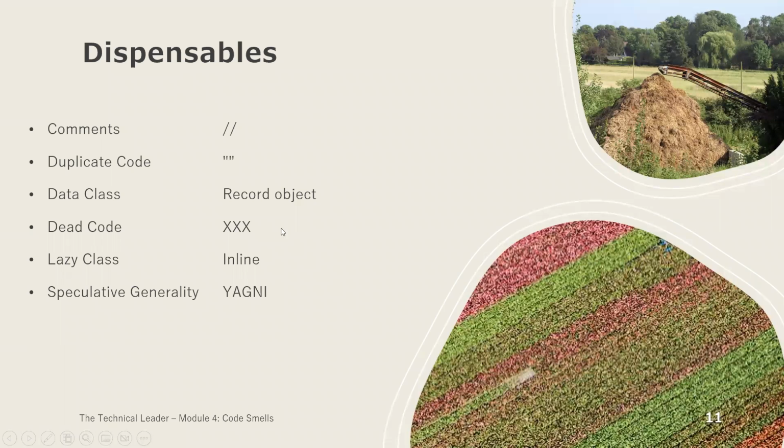Dead code. Yeah, that's what we were just talking about. A lazy class is a small class that does one tiny little thing, and it doesn't need to be in a class. It's only done once, and you'd probably just inline it to get rid of it.